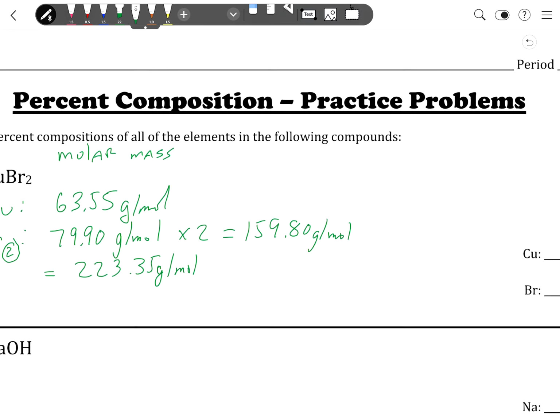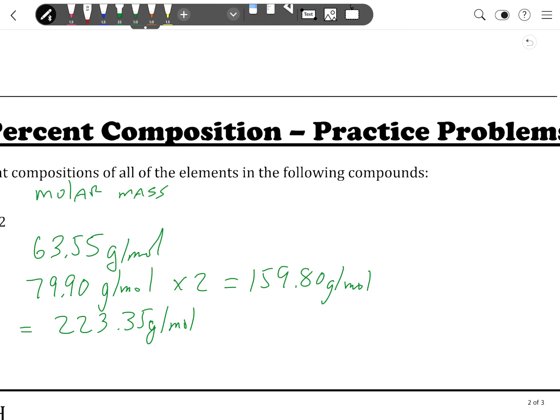So now to find the percent, and I'll do this in a different color, the percent of the compound that is copper is going to be the molar mass of that copper divided by the total molar mass, which is 223.35.